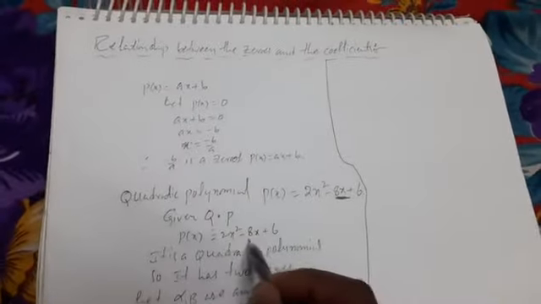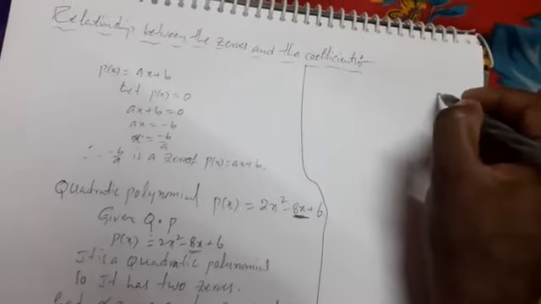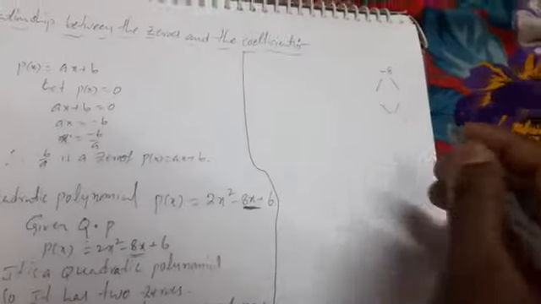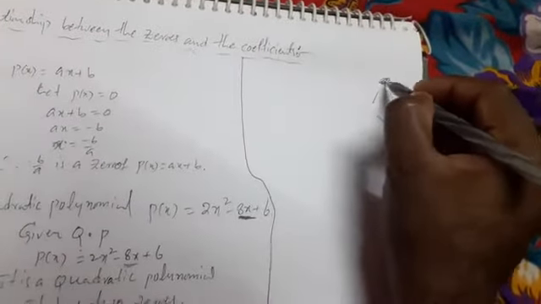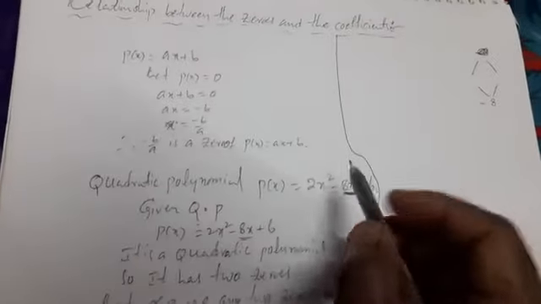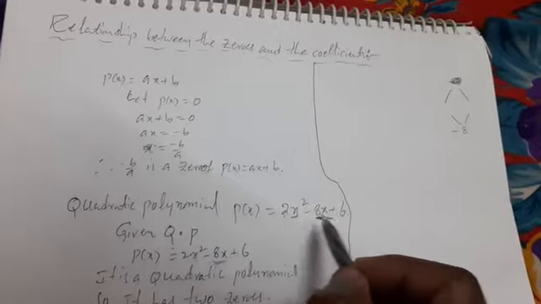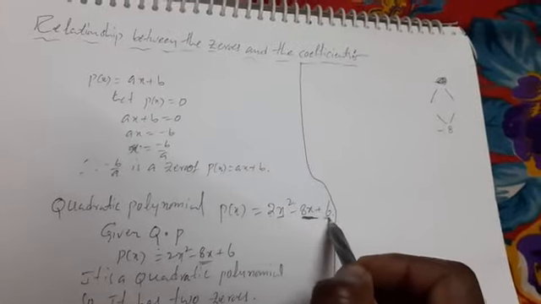Which is the middle term? Minus 8x. Now do the splitting of the middle term. What is the coefficient of x square? 2. What is the constant? 6.